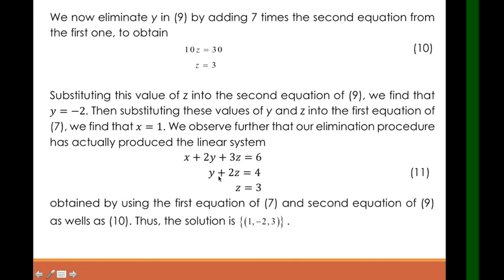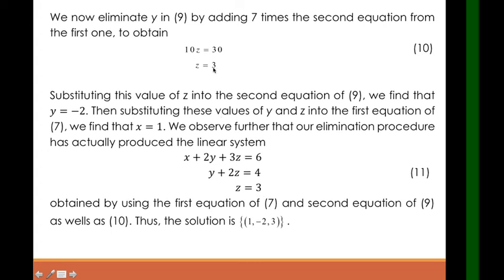Nung kinuha natin si y, ito yung ginamit natin. Tama? Kasi given that z is equal to 3. Nung kinuha natin si x, ito yung ginamit natin. So, ito yung equation 1, equation number 9, and then ito yung equation number 10.